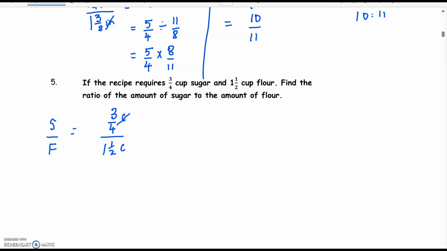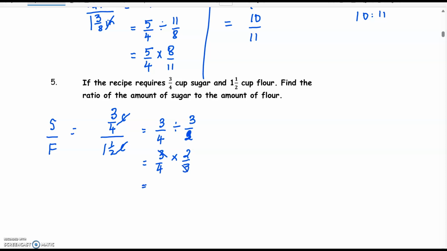Now we're going to cancel the cups. That's the common unit in the numerator and denominator. So we have 3/4 divided by 1 1/2, which is 2 times 1 is 2, and that is 3/2. So 3/4 times 2/3.